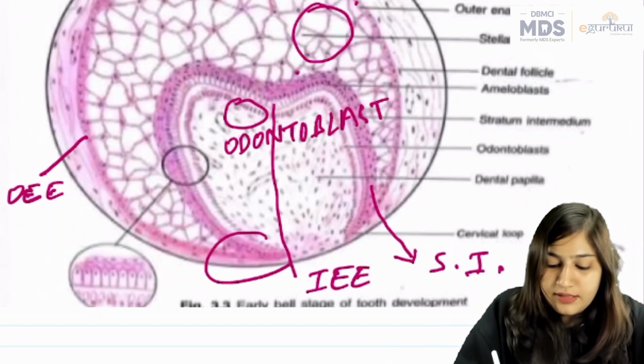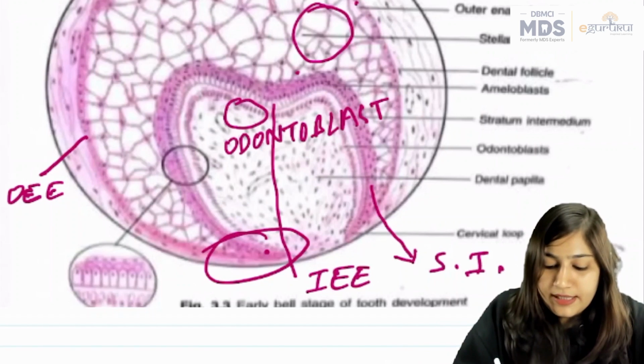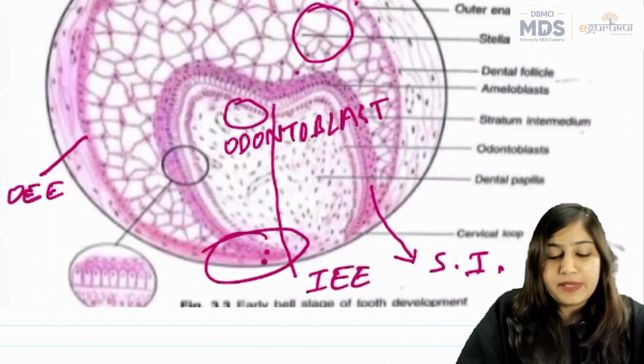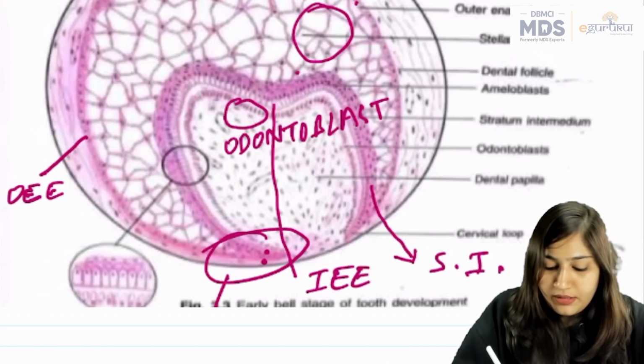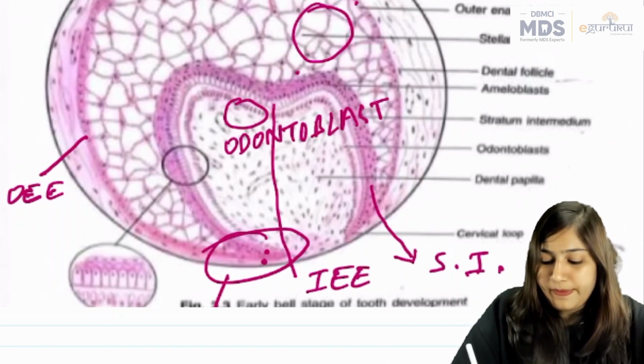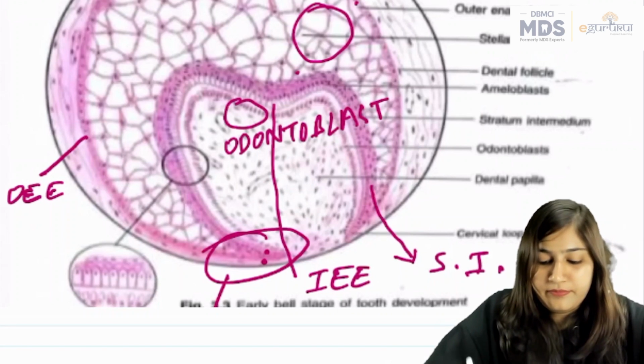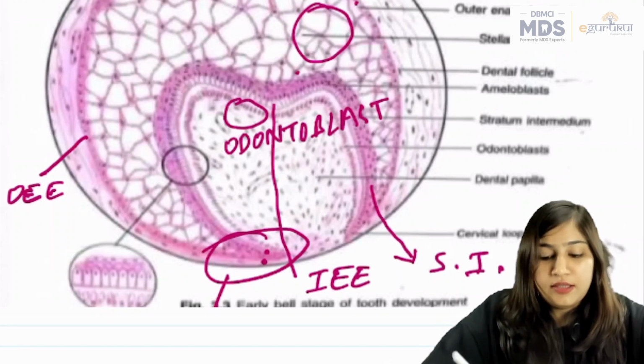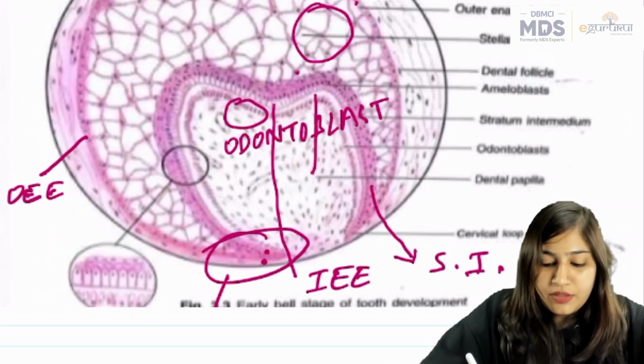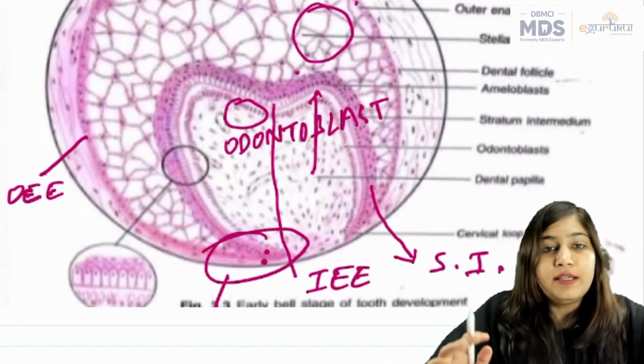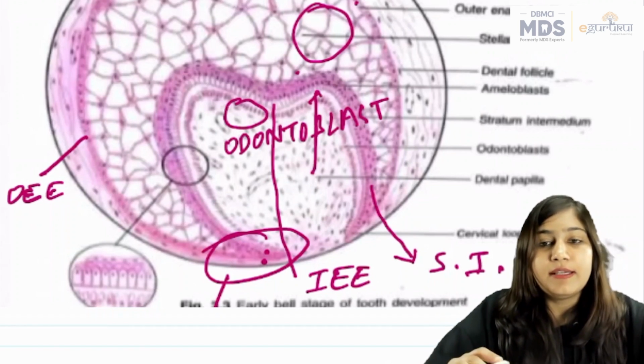And this terminal portion where only inner enamel epithelium and outer enamel epithelium is present is the cervical loop. Initially, the inner enamel epithelium is receiving nutrition from the dental papilla during the early bell stage.